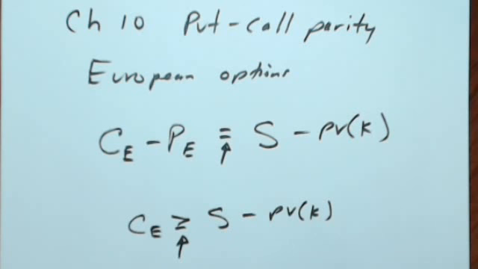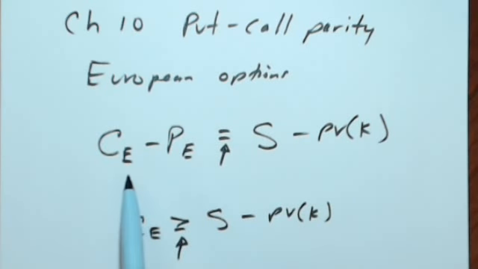You might want to say, what the heck does this really mean? Well, what this equation is telling you is that the left-hand side has to equal the right-hand side. But obviously, that's not very helpful.